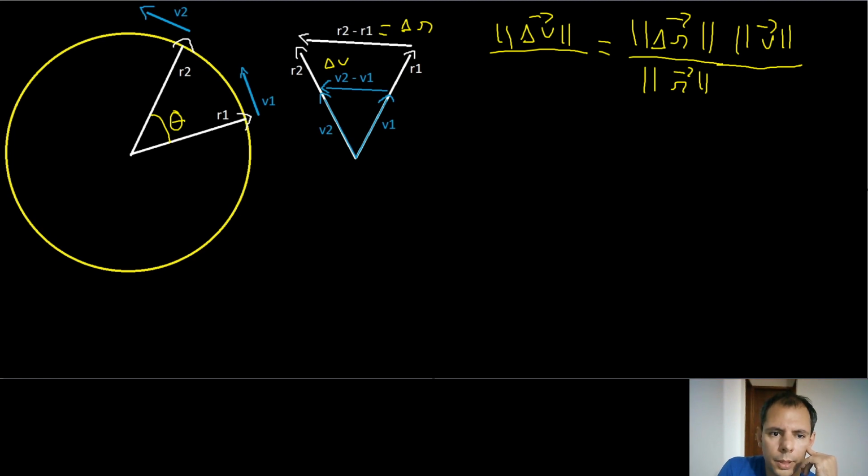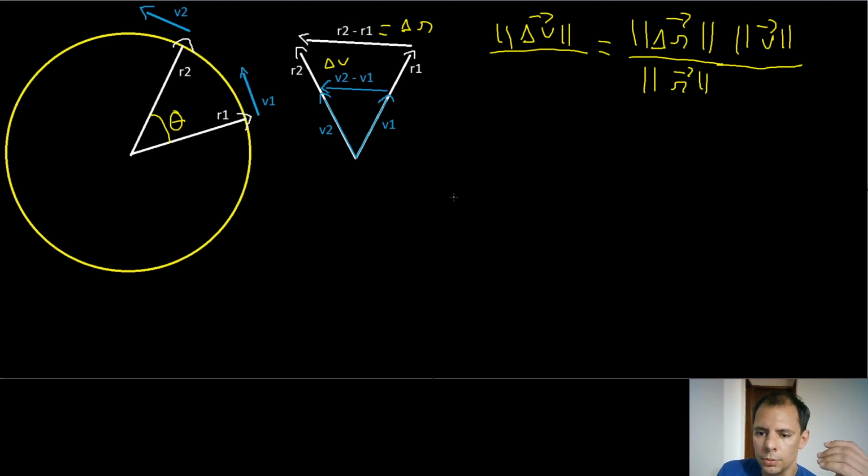Now, you don't have to worry about this thing here. That's fine. Now, what am I going to do? I have here a change in velocity. If you differentiate the change in velocity with respect to time, what you're going to get is the instantaneous centripetal acceleration vector.